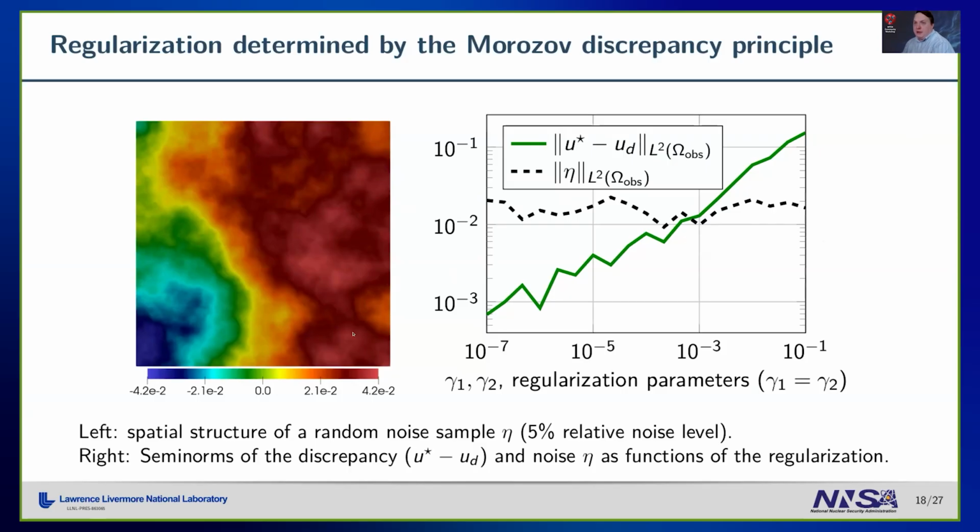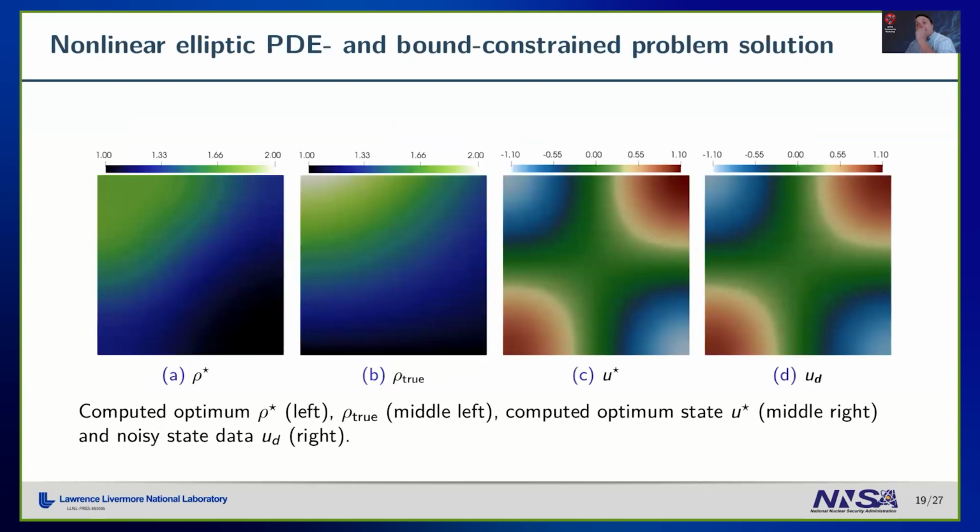On the left is the spatial structure of the noise. This is a sample of the noise, which is also well defined under mesh refinement, using an elliptic PDE operator as the covariance.